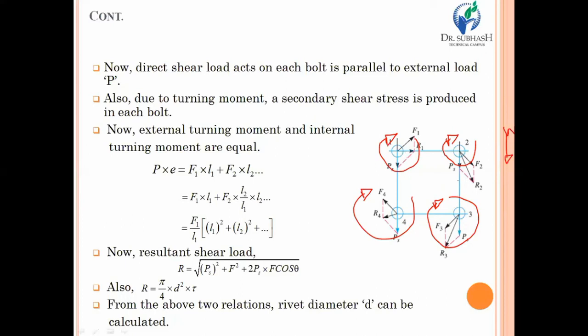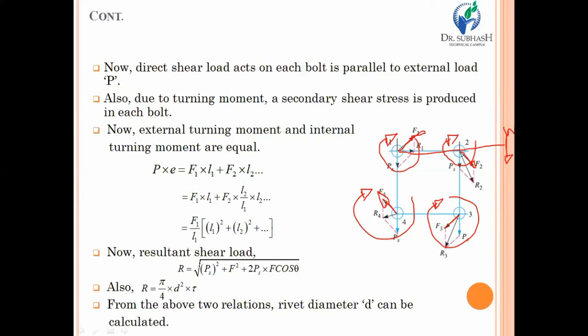And suppose, if we are talking about bolt number 1, then due to this force into perpendicular distance, it will move in this direction. It will cause the shear stress or shear force to be produced in this direction. Similarly, in the case of bolt number 2, the secondary shear force will be produced in this direction. In bolt number 3, the secondary shear force will act in this direction, and in bolt number 4, the secondary shear force will act in this direction.